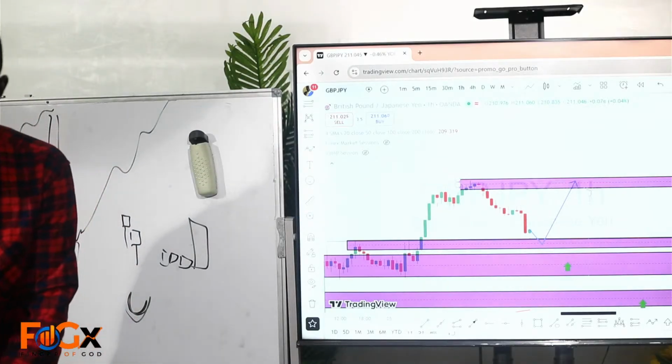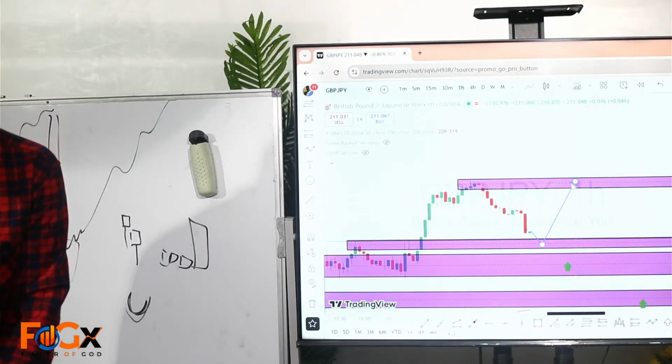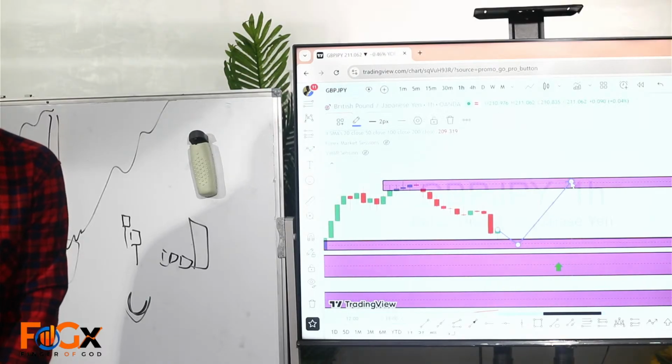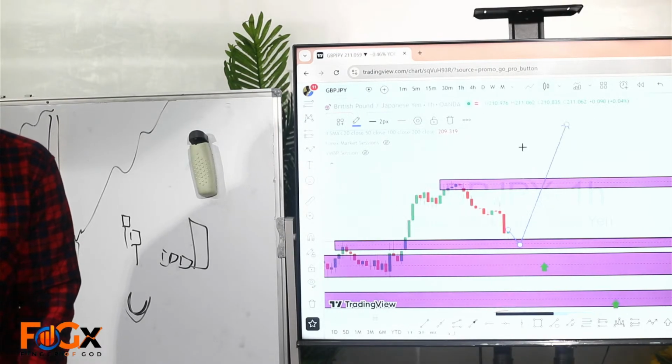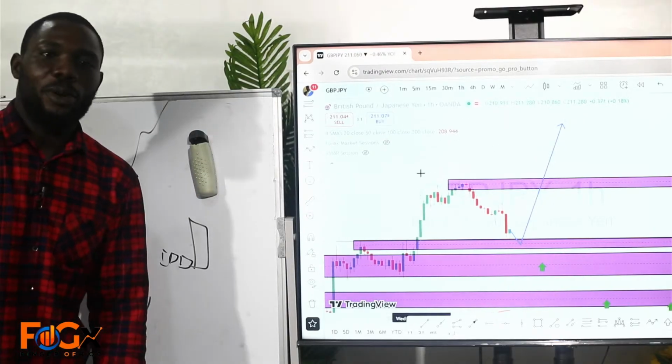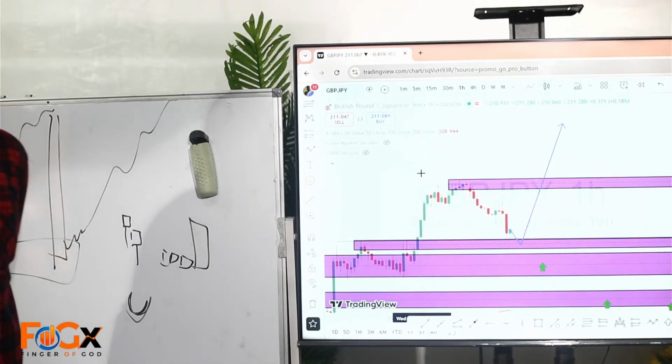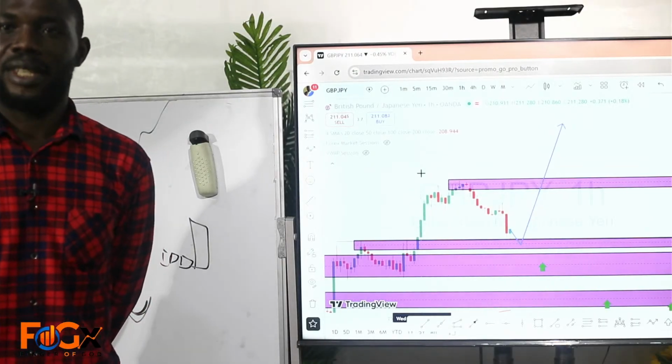And price breaks out. It doesn't come back to our zone. It respects a new zone and starts going up. What are you going to do? Samuel, what are you going to do?